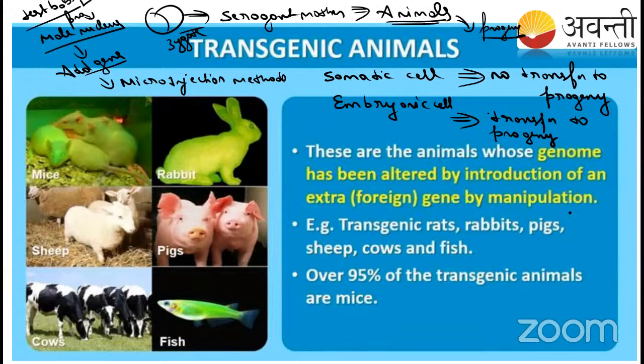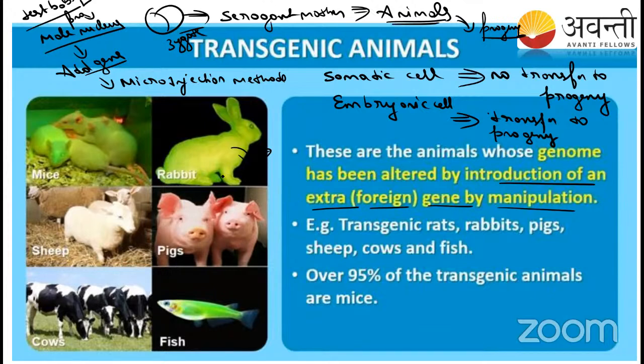See here, these are animals whose genome has been altered by the introduction of an extra foreign gene by manipulation. This rat does not have the color gene, right? So now it is going to produce a radium-like light, a bioluminescent light.